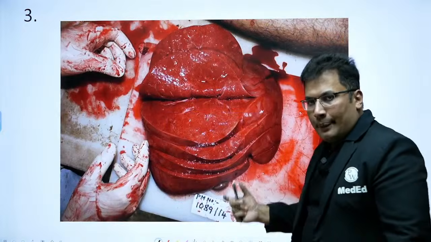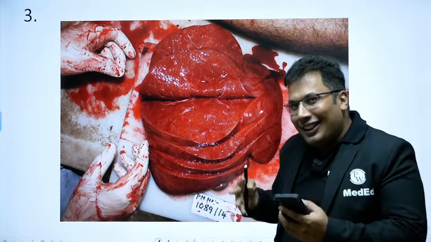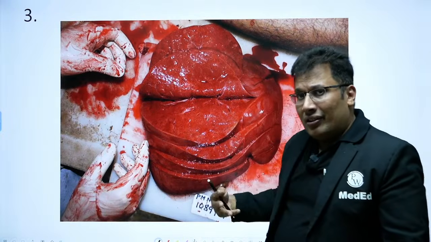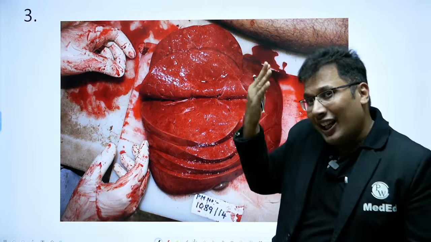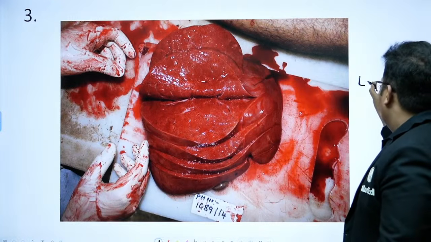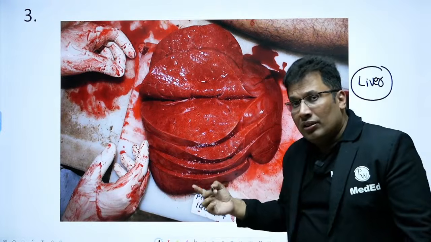Now look at this. Now you are in the Shava Pariksha room, the autopsy room. One of my PGs is doing dissection of the liver. So this is basically the liver, and the liver is not looking normal.